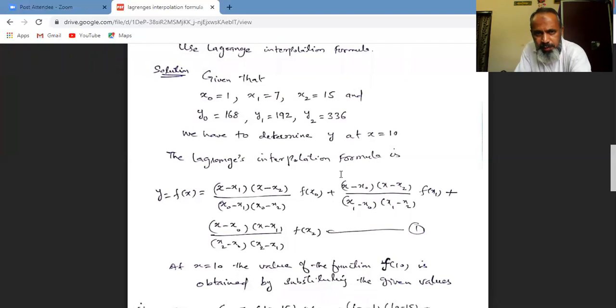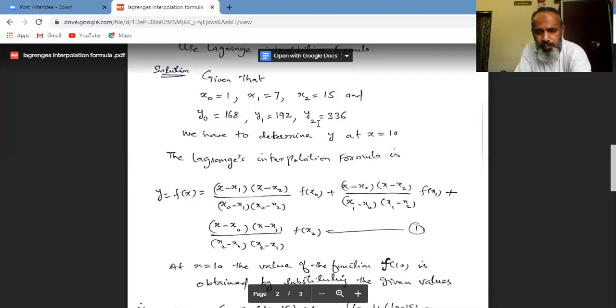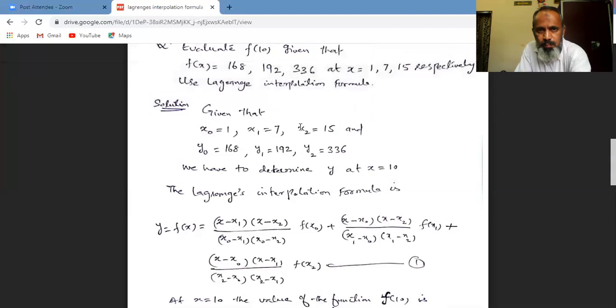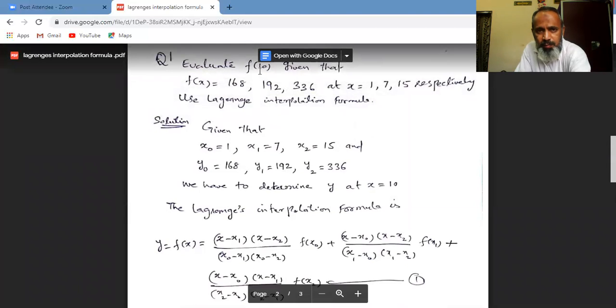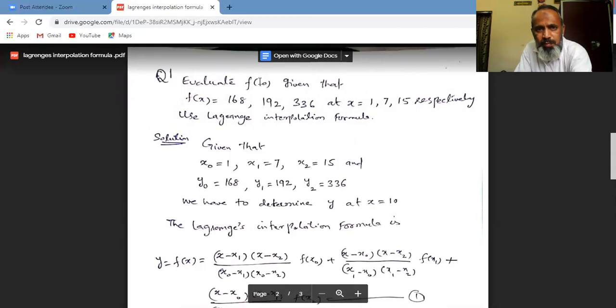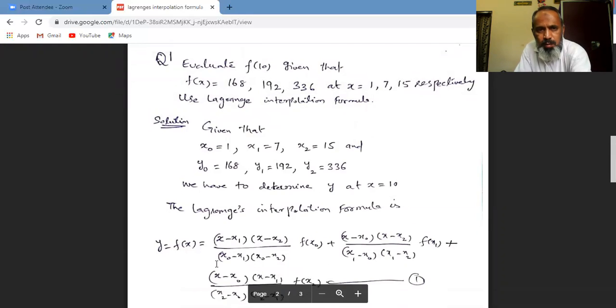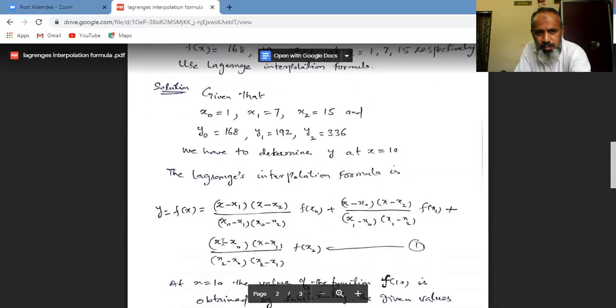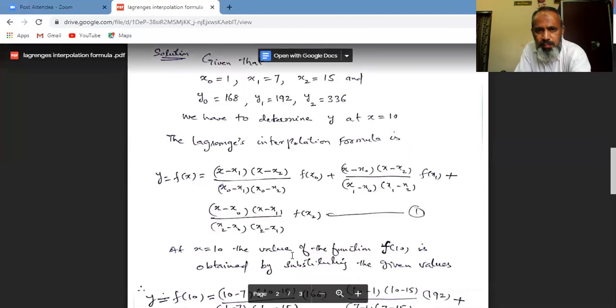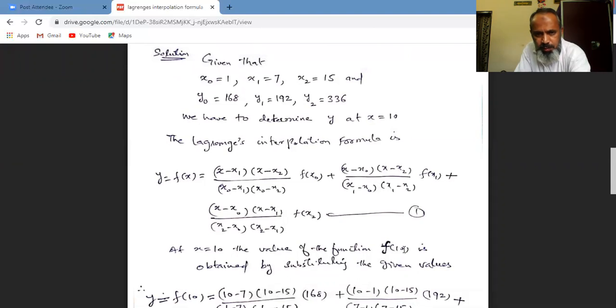Now we can directly determine the value of the function f(10). So at x = 10, we have to determine the value of the function. If we substitute x = 10 in the given polynomial, we get the value of f(10), the value of the function at x = 10.